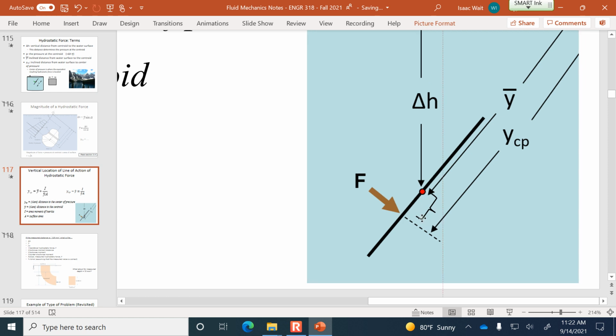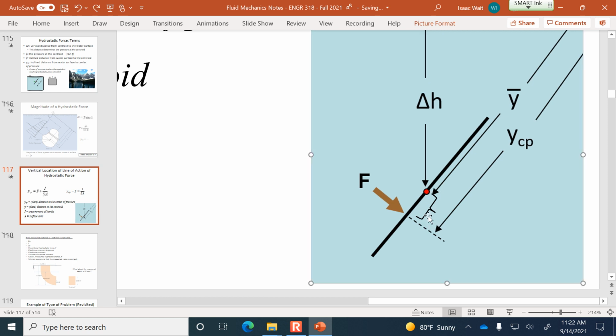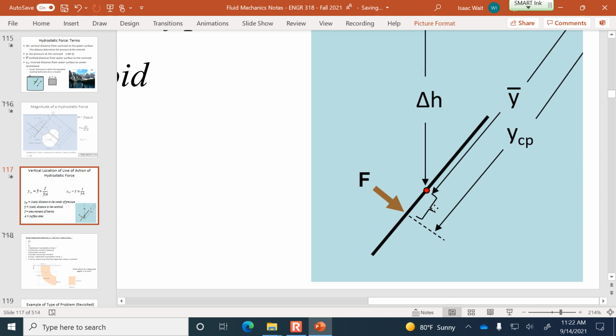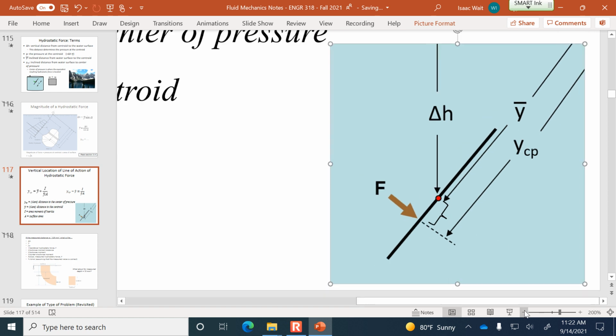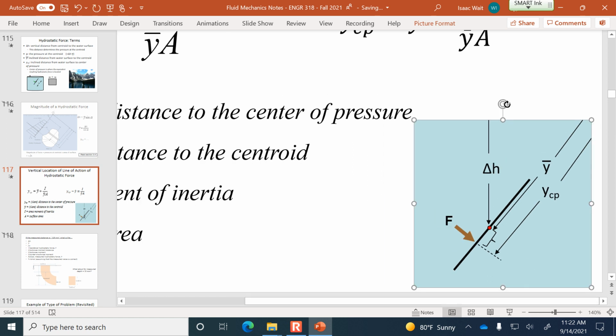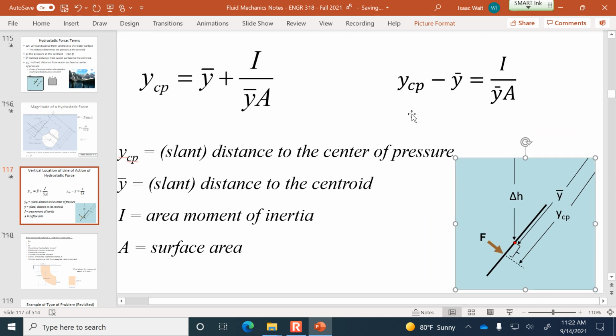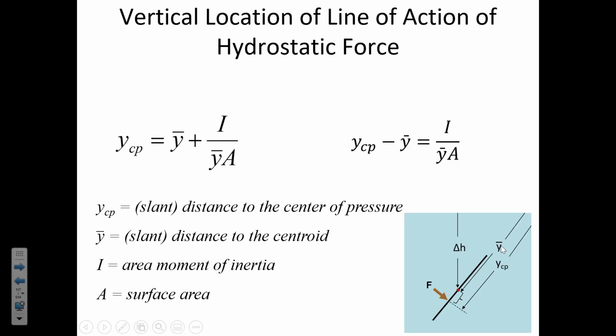All right, almost had it. Boy, it's really tricky. All right, well, I hope you get the idea that this is the gap distance that is YCP minus Y bar.